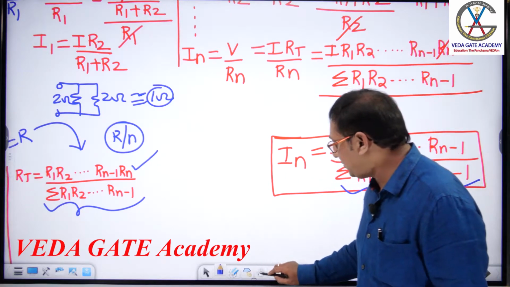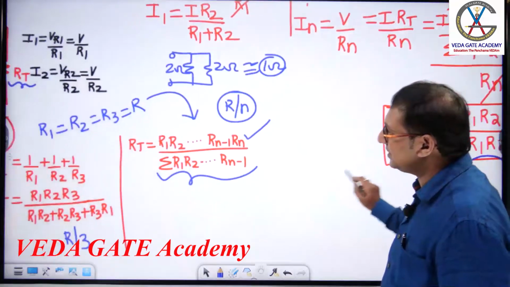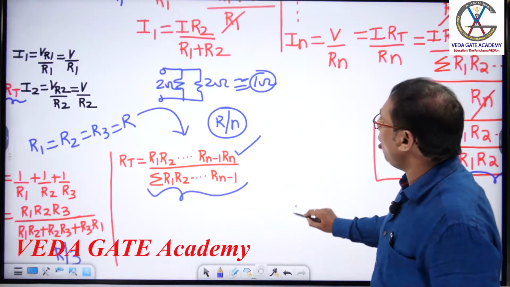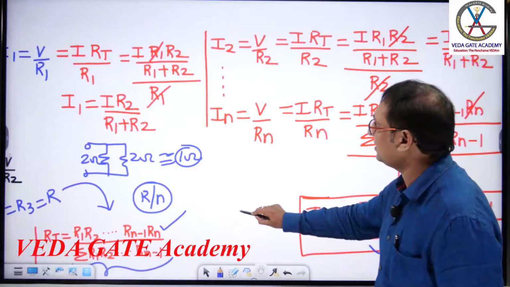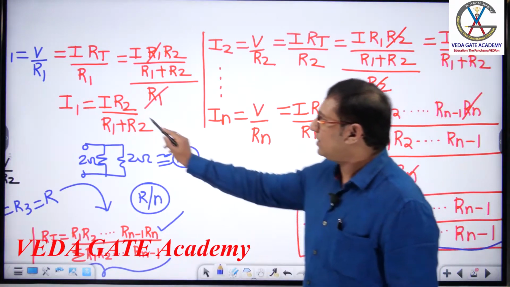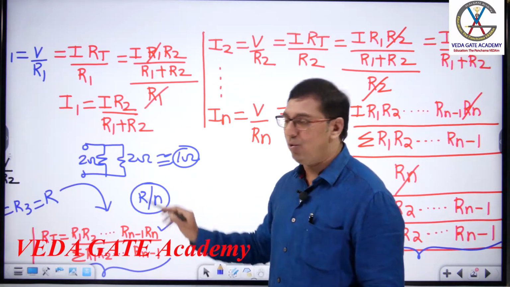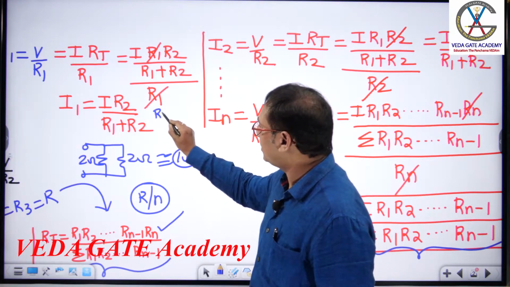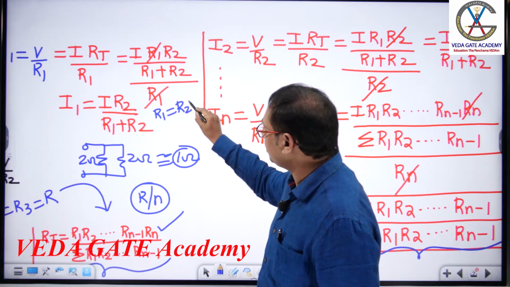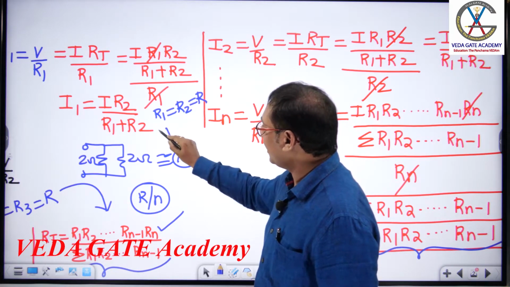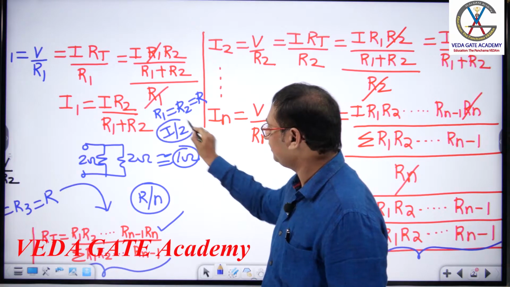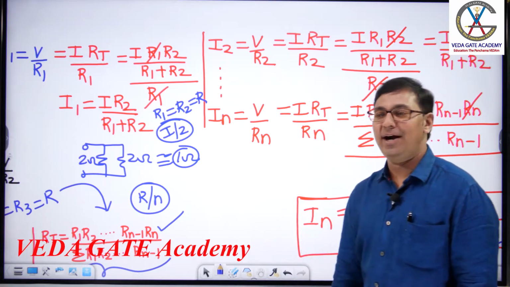Next, one more point which we have to analyze here. If all the resistors are equal, we have all the currents here. Suppose if R1 equal to R2 equal to R, what is the current, sir? I by 2. Current will be equally divided.